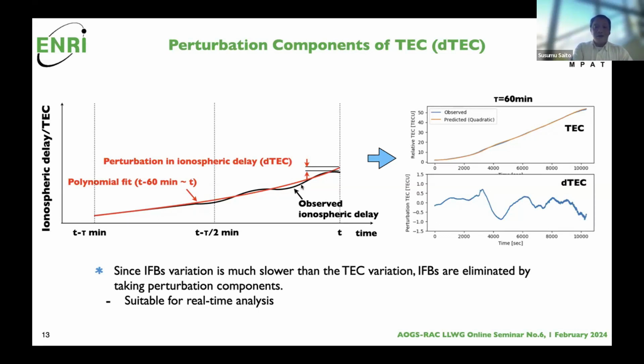So we fit the TEC in the previous 1 hour using a polynomial function and subtract the fitted one to derive the variation component.